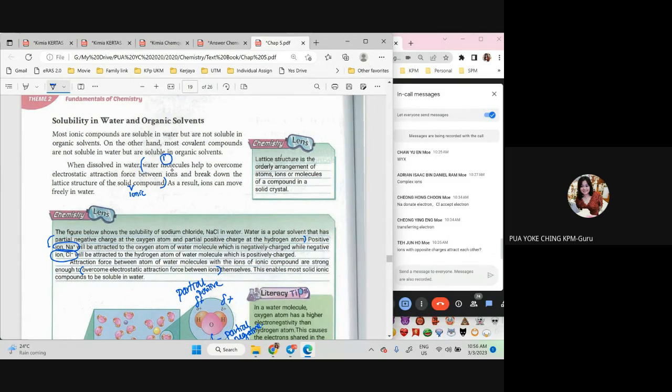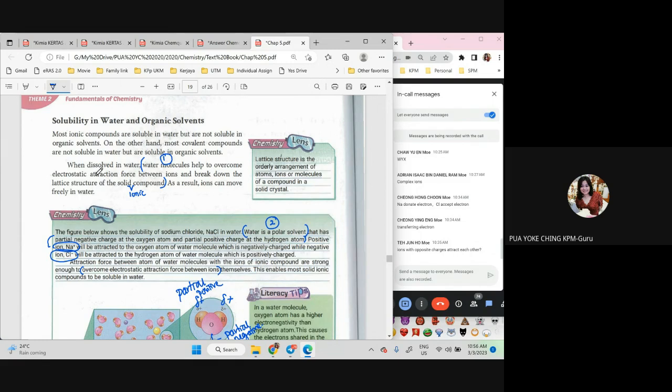Point 2, ini. Water is a polar solvent. You nak buat dulu polar solvent pun boleh lah. Okay, so this is why ionic compound dissolve in water.